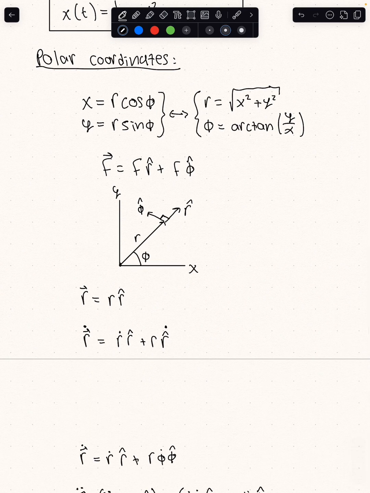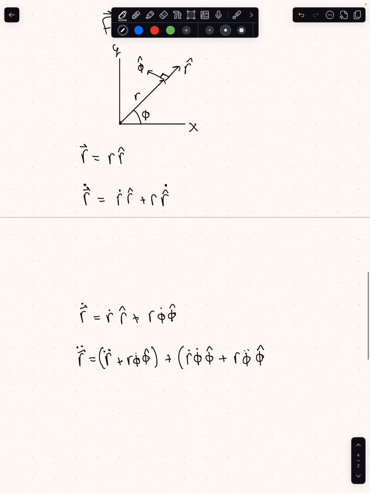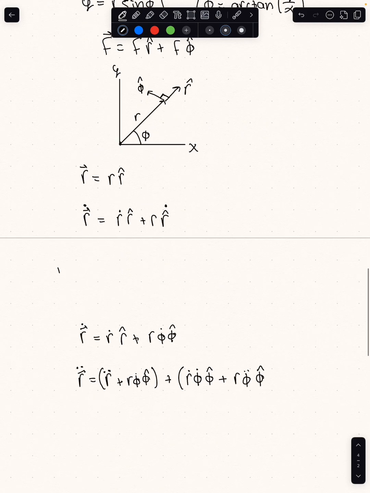Okay, now I'll do this here. r hat is going to be denoted by x hat cosine phi plus y hat sine phi.